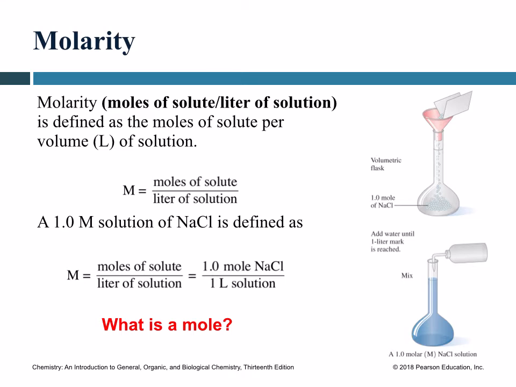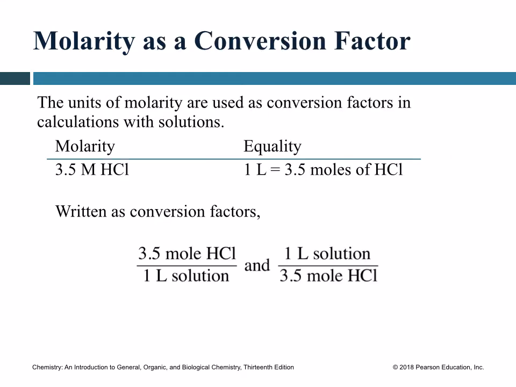The unit for molarity is mole per liter, and this can be represented by capital letter M. So a molarity of 3.5 M of HCl means 3.5 moles per liter of HCl solution, or that 1 liter of HCl solution contains 3.5 moles of HCl solute. From that equality, you can derive two conversion factors to convert moles to liters or to convert liters to moles.